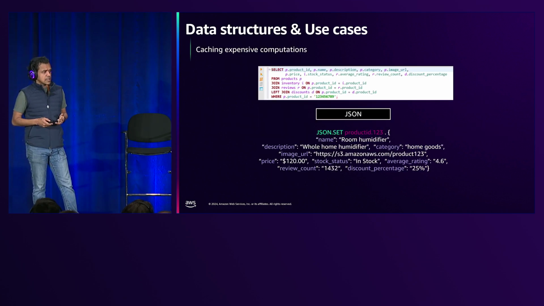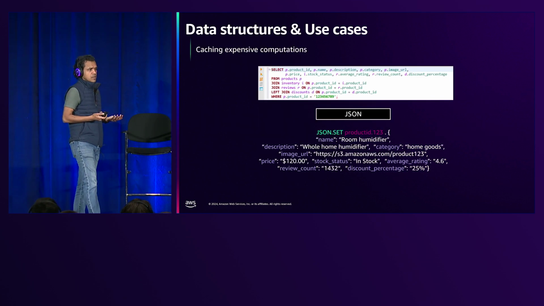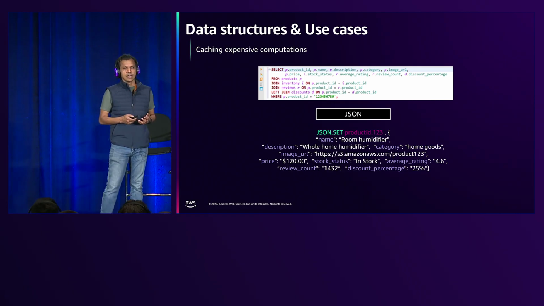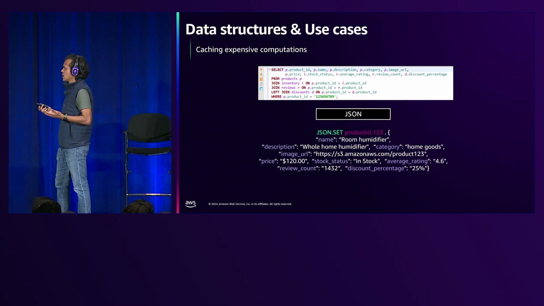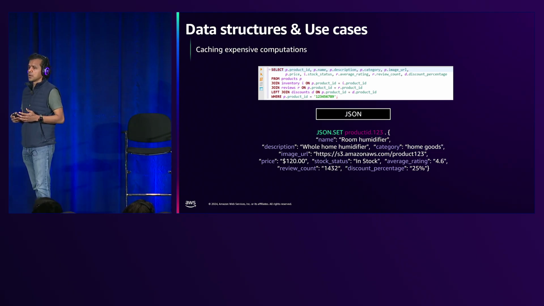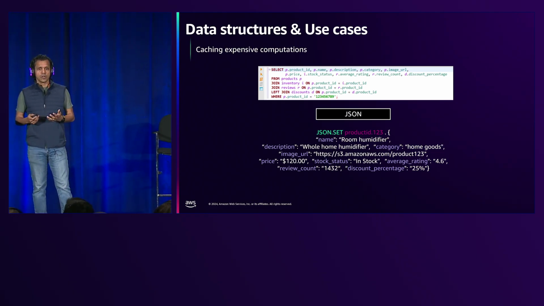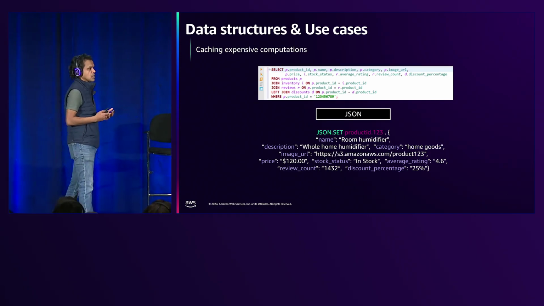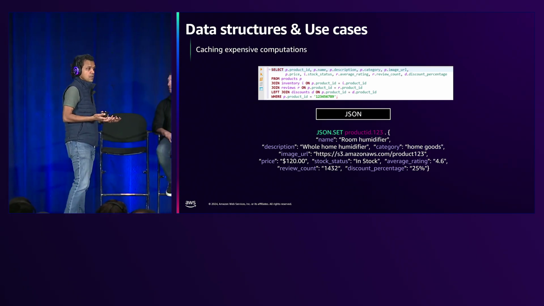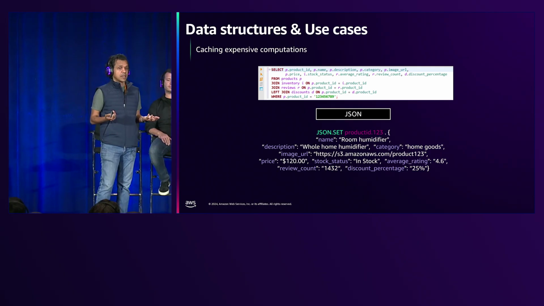The other one is caching expensive computations. Right? Typically, if you're using, let's say, a relational database, in this case, I'm showing a query which is, for example, pulling product details from your inventory based on what's on discount and based on what has high reviews for your e-commerce application, let's say.